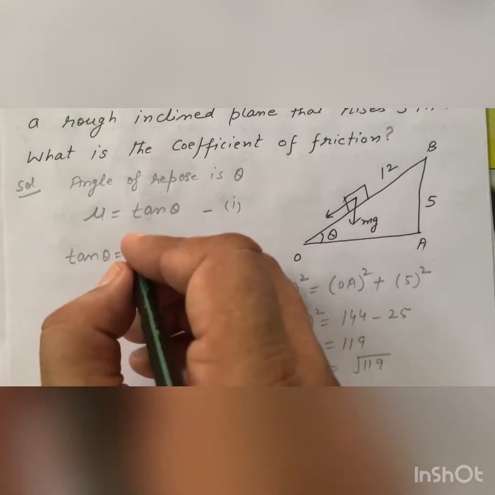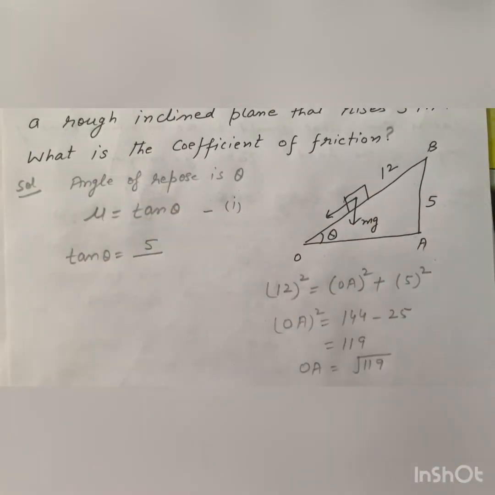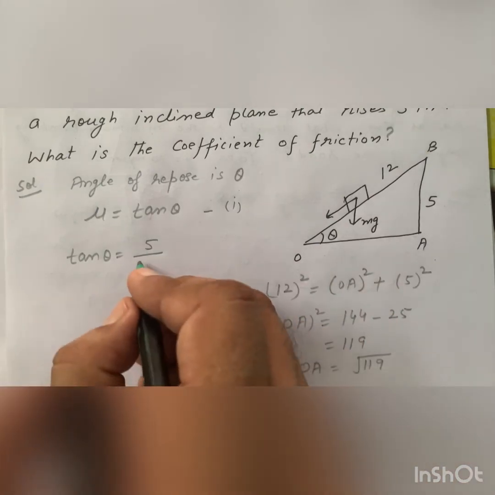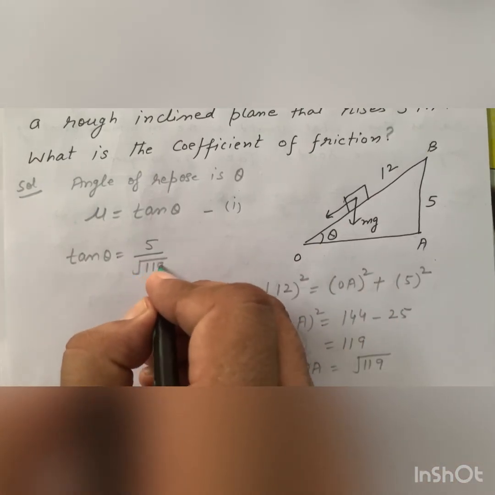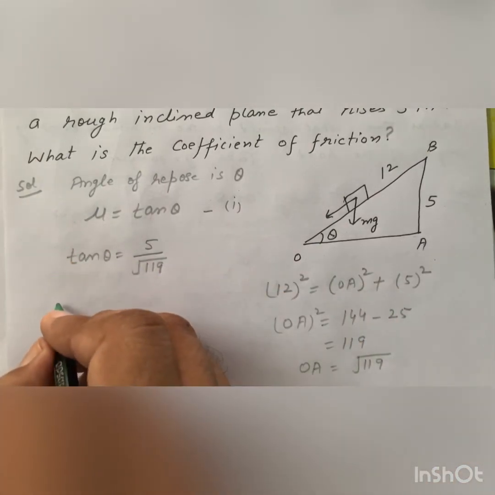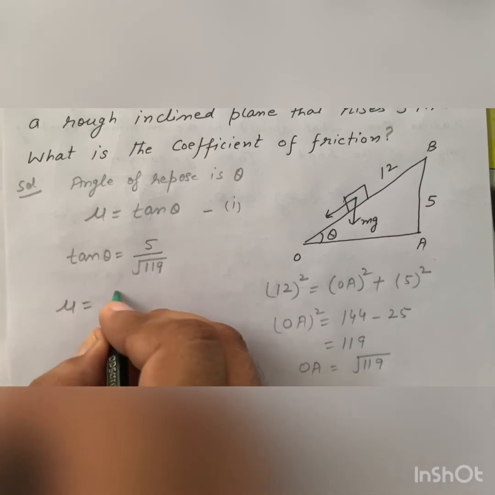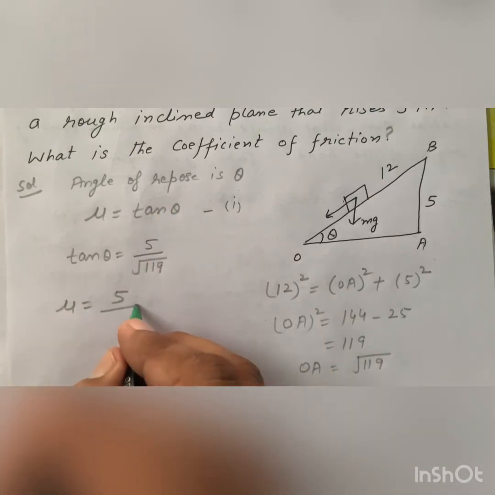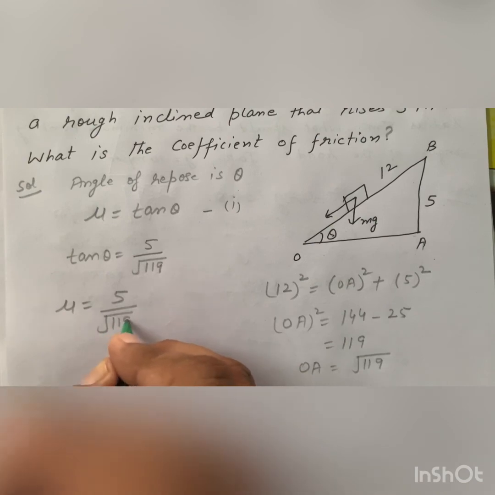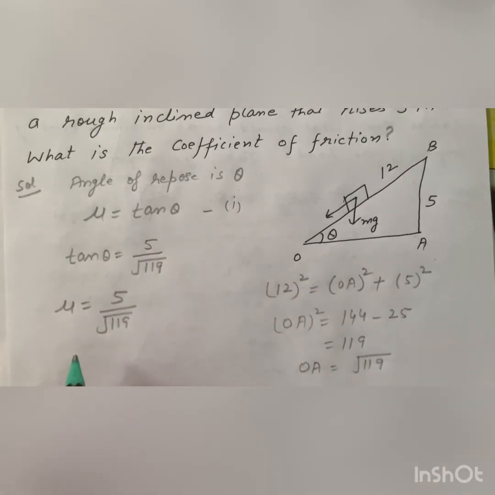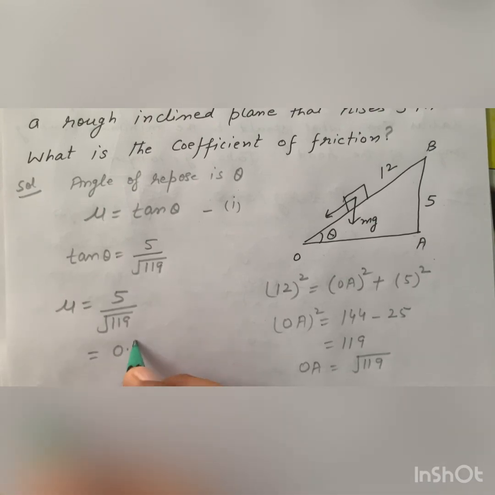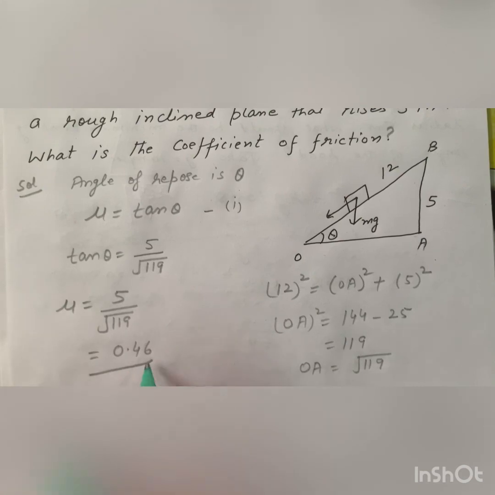So perpendicular is 5 and base is under root 119, or we have mu equal to 5 over root 119. On solving, we get its value equal to 0.46. So the coefficient of friction is 0.46.